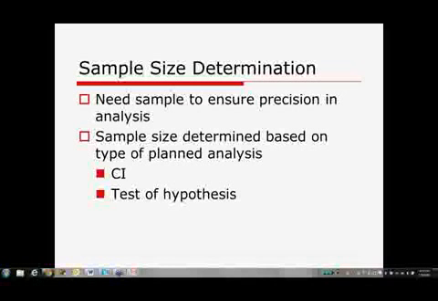You want to use a 95% confidence interval, or you want to have 80% power. The effect that you're trying to detect, whether you want to detect a relative risk of 1.5 or 2 or something else, depends on what you think is a meaningful effect from a clinical point of view. That's where we have to work collaboratively with our clinical partners to figure out what's a meaningful effect.